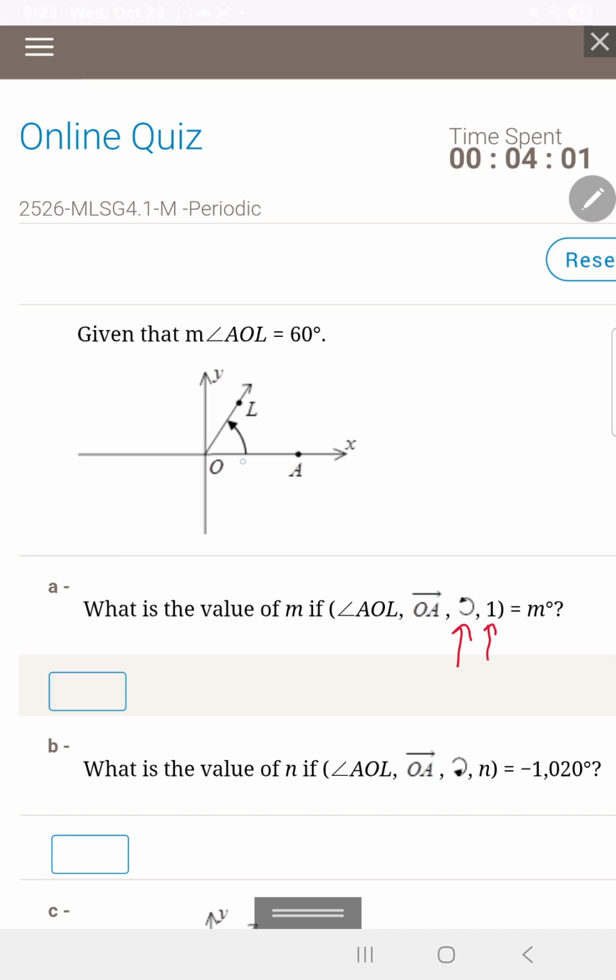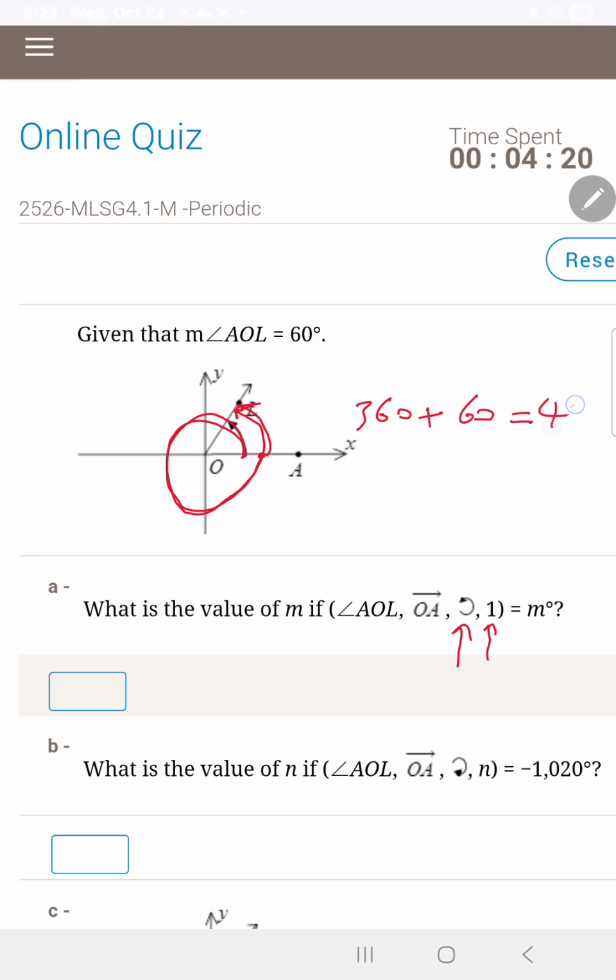So start from here and then move in the anti-clockwise direction like this, and then move again till here. Clearly you will add 360 plus 60, and then you get 420. So the answer is 420. So here you write 420.